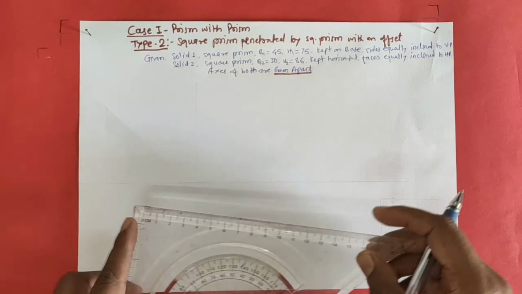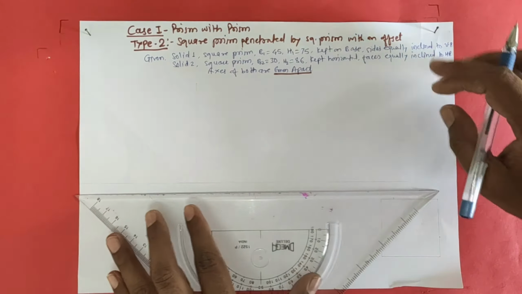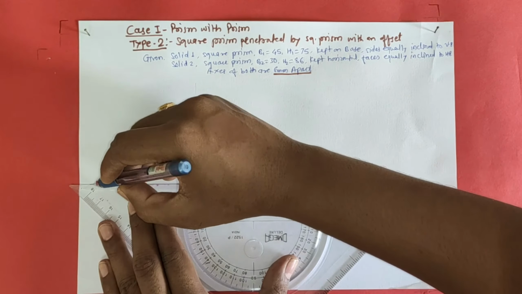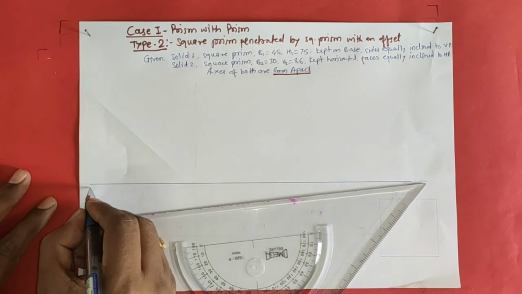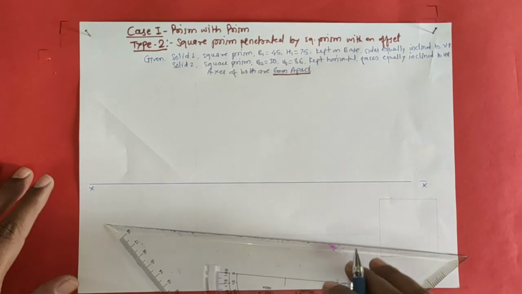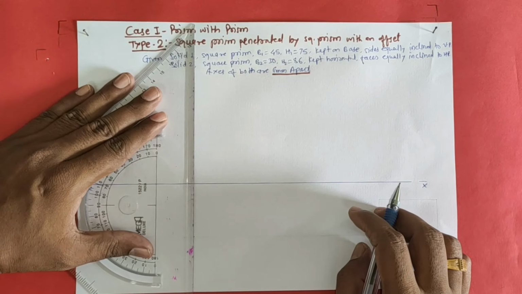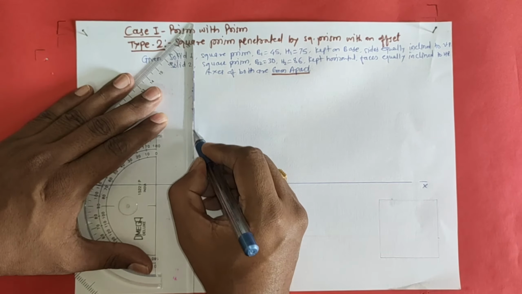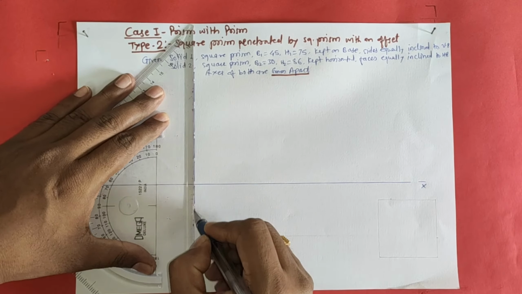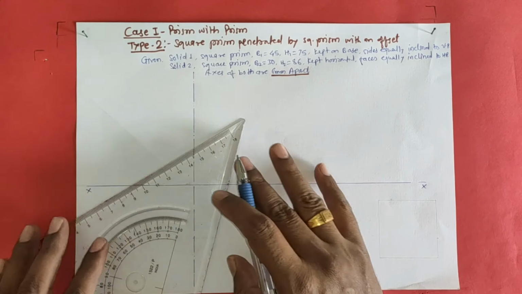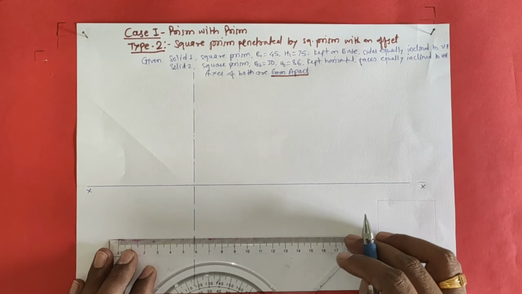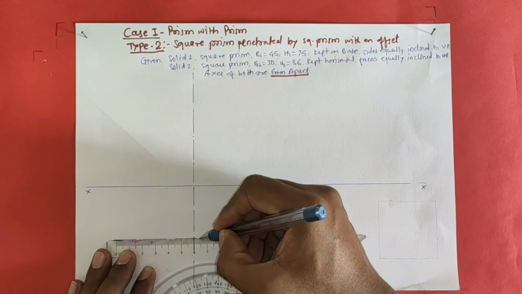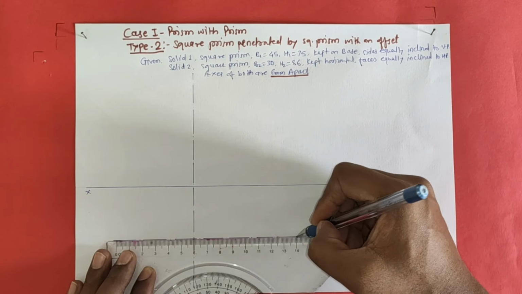First of all I will draw the axis, the XX axis. Now I will draw the center line. Again I will draw a center line at horizontal position, as we are going to draw the equally inclined to VP condition of a square prism.